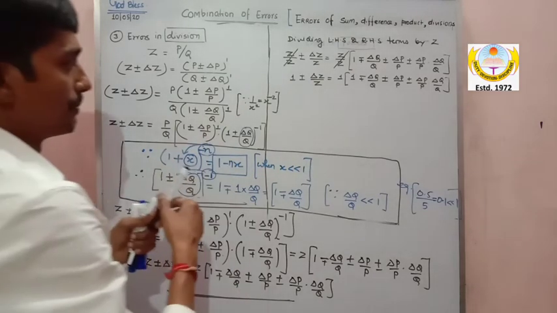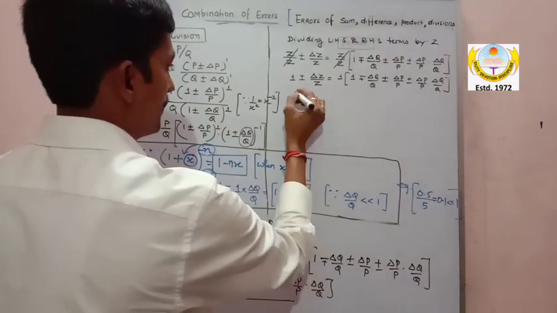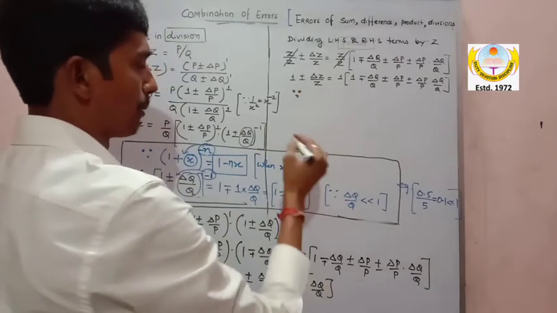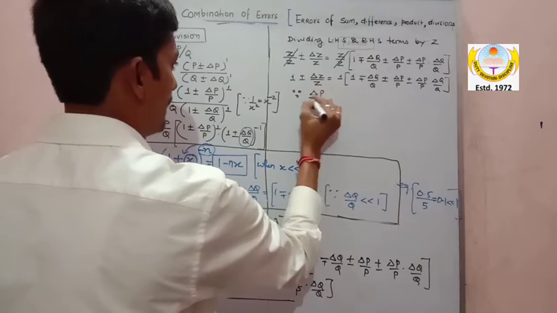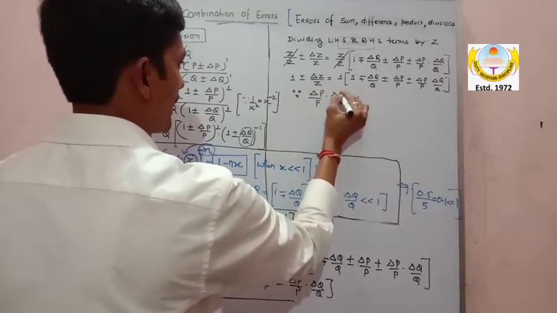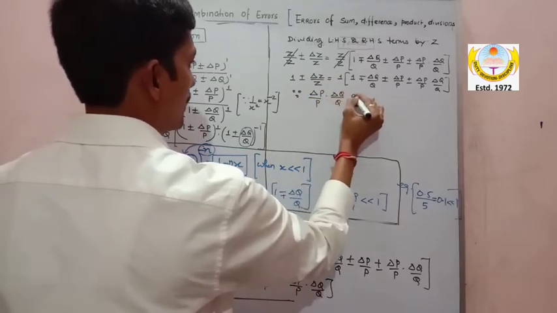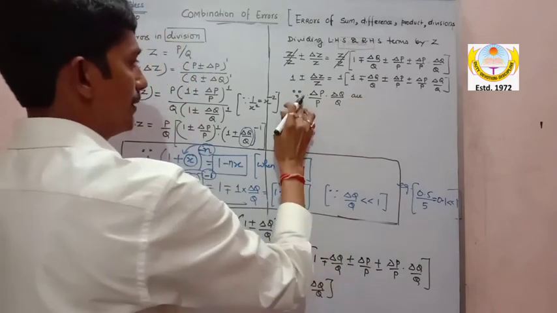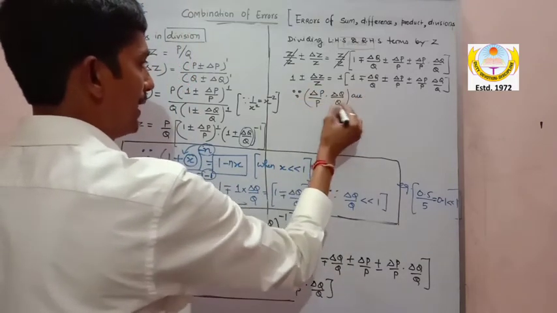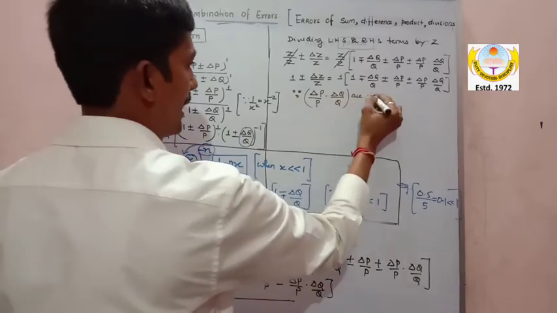So now let's go to the next step. Since I already taught you in the previous topic, delta p by p into delta q by q are very small.